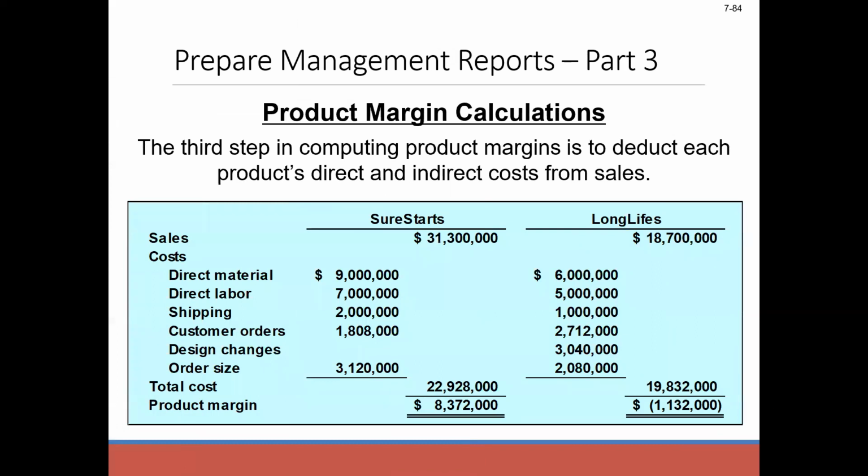With Sure Starts, we've got our product margin with the sales and then the different costs. We see our product margin here is 8,372,000. But look at the Long Lives, guys. They're losing money.